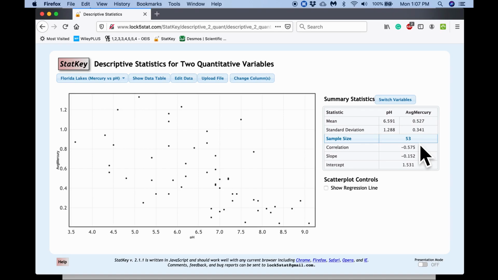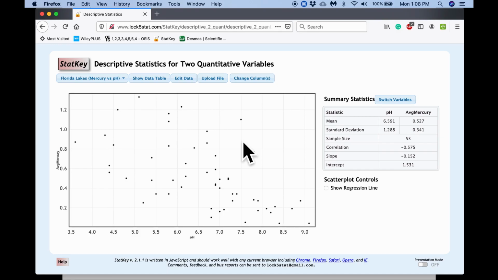Number 2, some fish were harvested from the lake and the average mercury level was found in that sample of fish. So when we're mousing over one of these points, we're pointing to a specific lake in Florida and we're seeing the pH level paired up with the average mercury level in the fish in that lake. Now, our first task is to see if we can describe the direction of association that's present in this scatter plot.